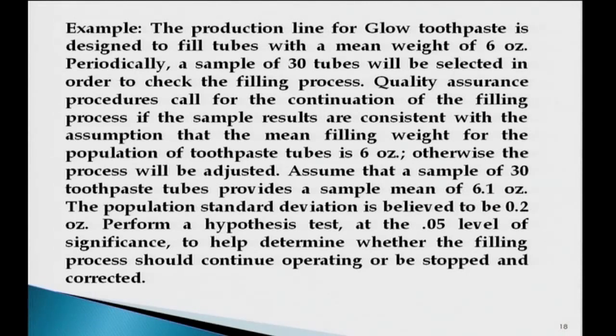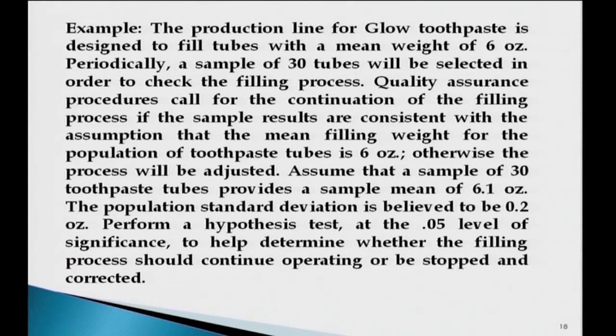So, here the requirement is, can we ignore this 0.1 difference? Expected was 6, sample says 6.1, can this be ignored or not? When we ignore it, it means the difference is not significant; when it cannot be ignored, the difference is significant. So, that is what we would like to test with the statistical methods.